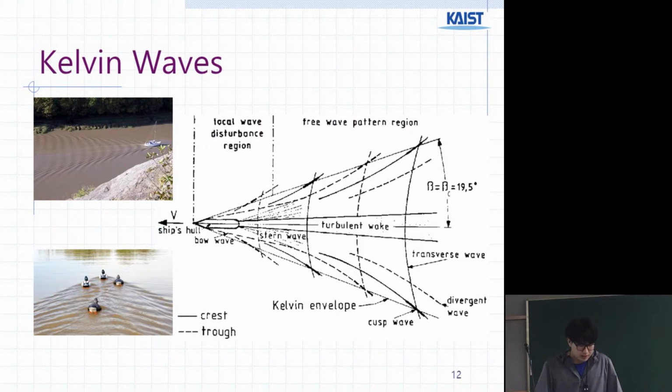In the case of frictional resistance, it depends on the wet surface area of the hull.